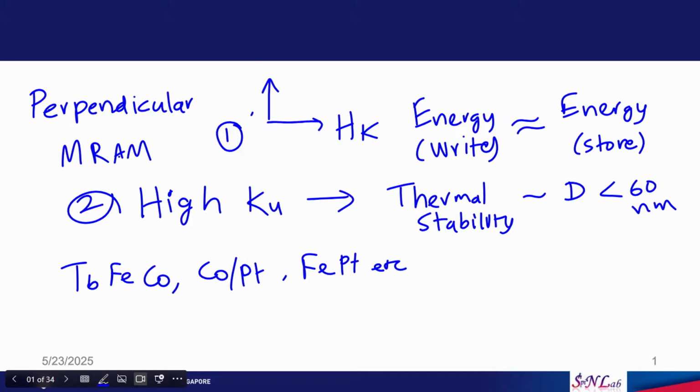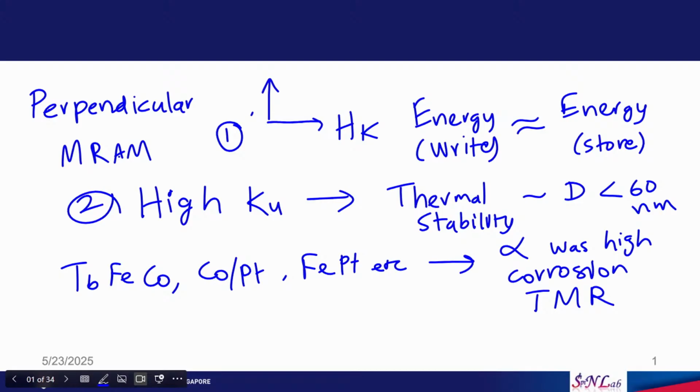Okay, but they all have some problem, either their damping constant alpha was high, which means they consume more energy for switching magnetization, or they have corrosion problem, or they have problem in achieving high TMR and so on. Okay.